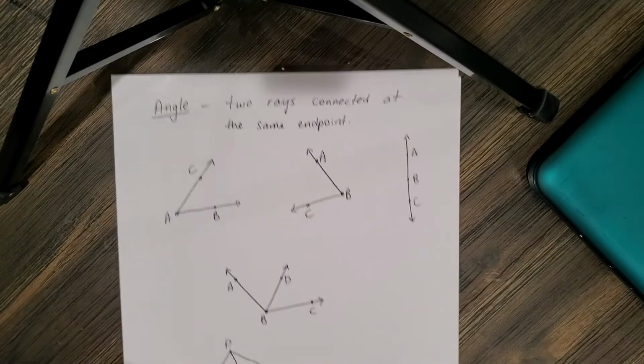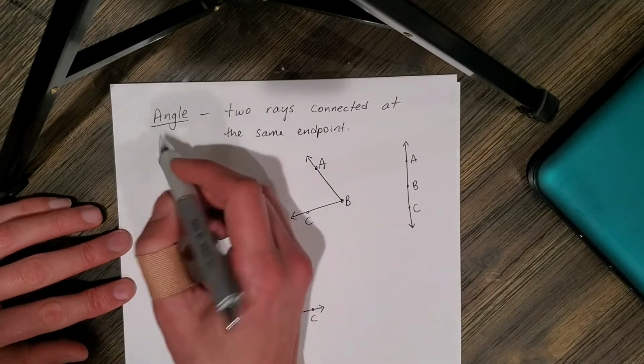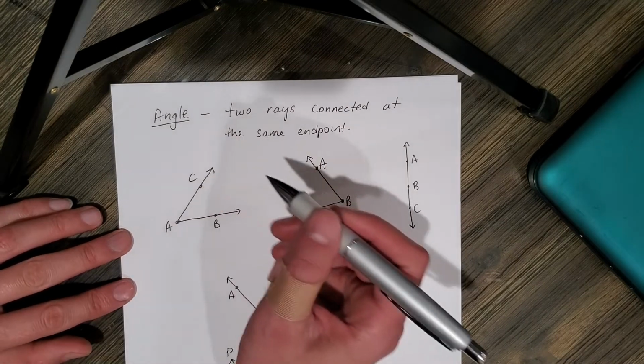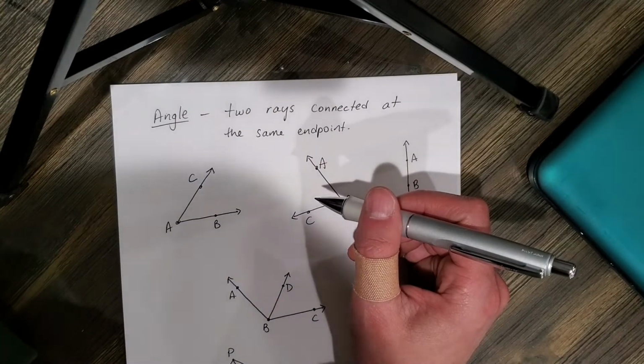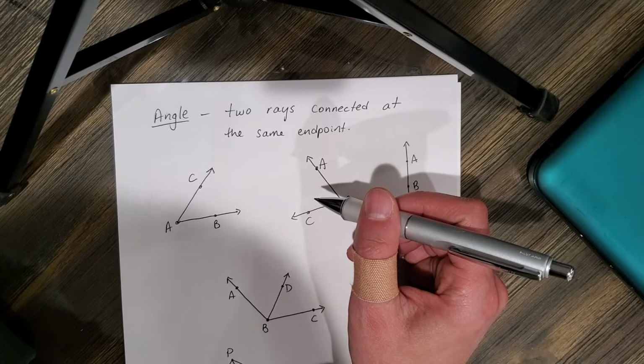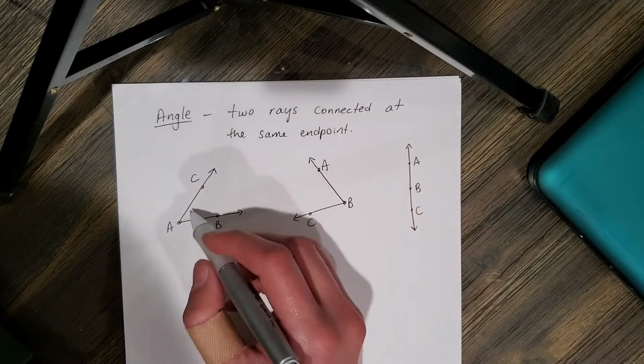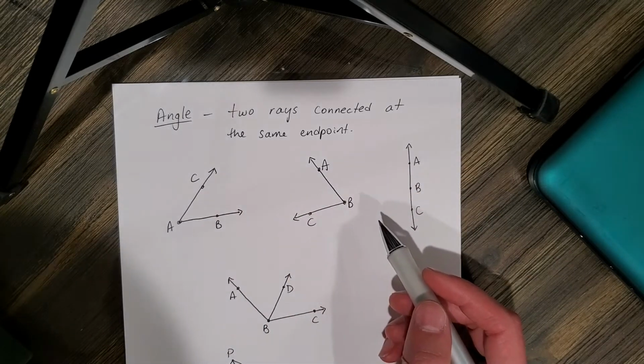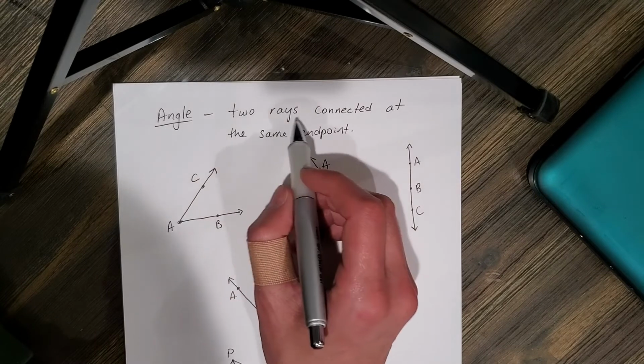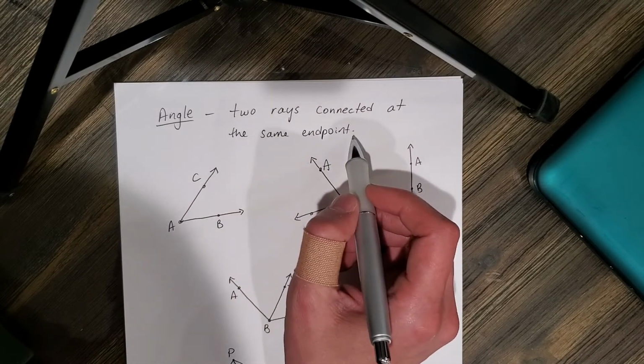Okay. Last one, an angle. Now, I think the first time you guys ever heard angle is in the word triangle, right? What does triangle mean? Tri means three, angles means, well, what we're going to define right here. So 3 angles, right? Notice here, what is an angle? It's 2 rays connected at the same endpoint.